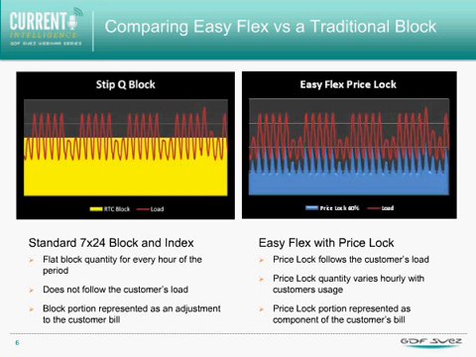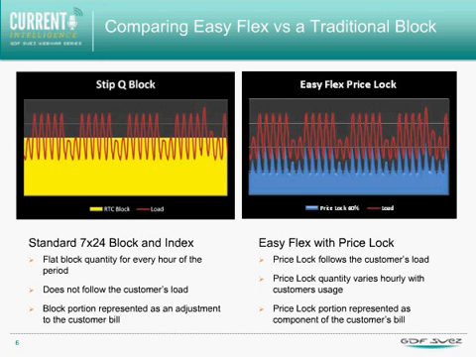And what you'll notice is the block quantity shown there in yellow is a simple flat volume every hour of the time period, and that is overlaid with the customer's actual consumption shown with the red line. You'll note that a traditional block does not follow the customer's load. It is a constant figure.